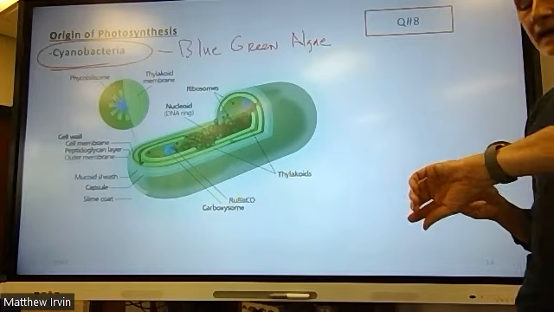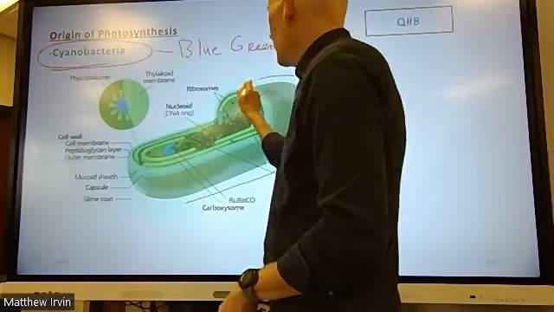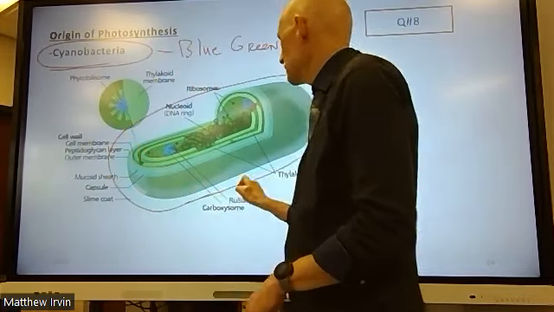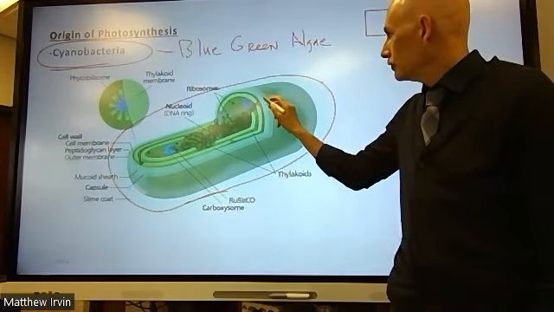And so then back to our endosymbiotic theory, this gets wrapped by the host cell's membrane. And so then you get your outer membrane, your inner membrane, and your thylakoid membranes. So that's the theory.